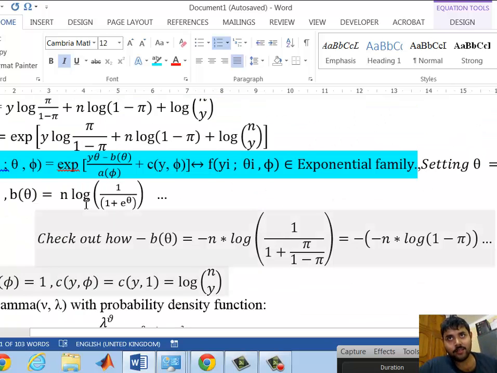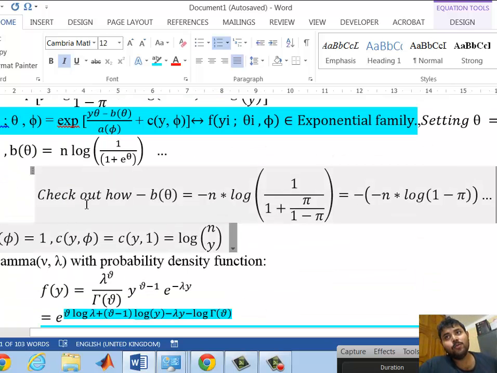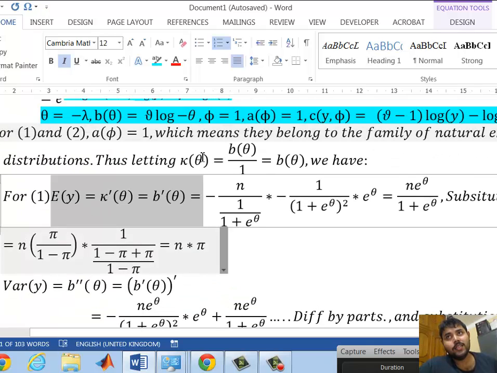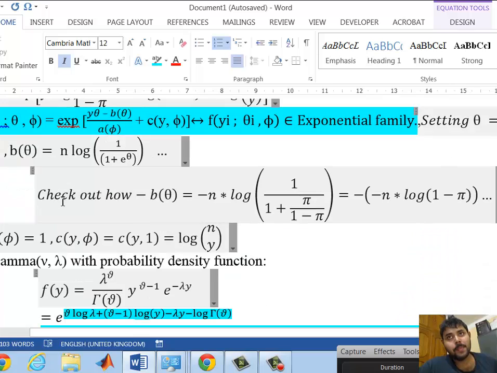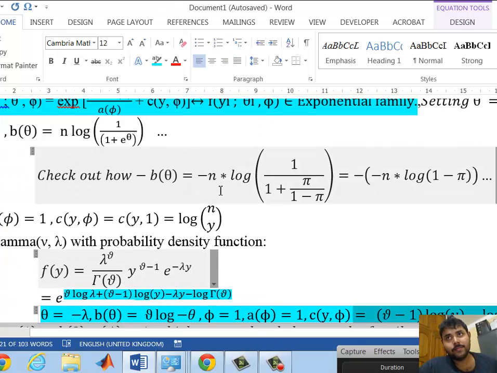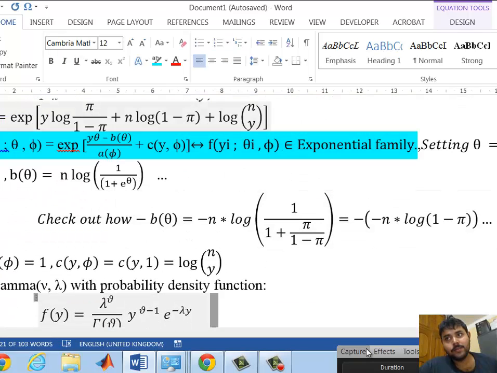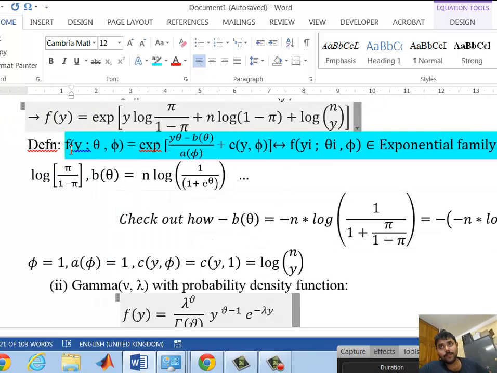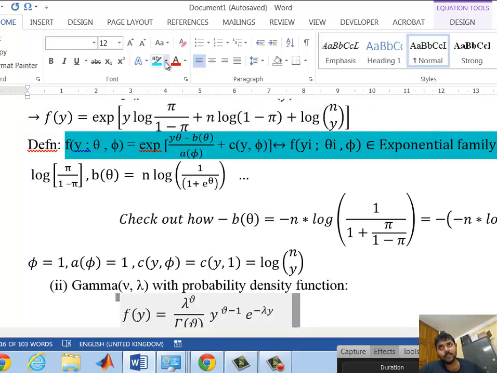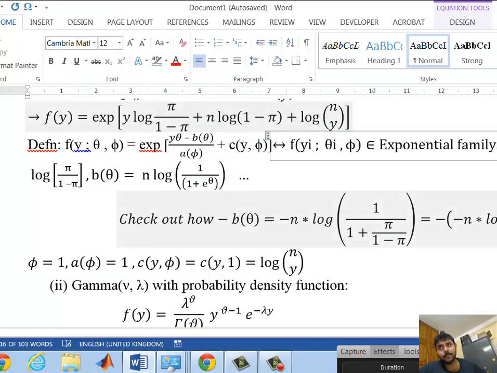So now we go to this part where we have our b of theta. Let me remove the highlights so that it helps.